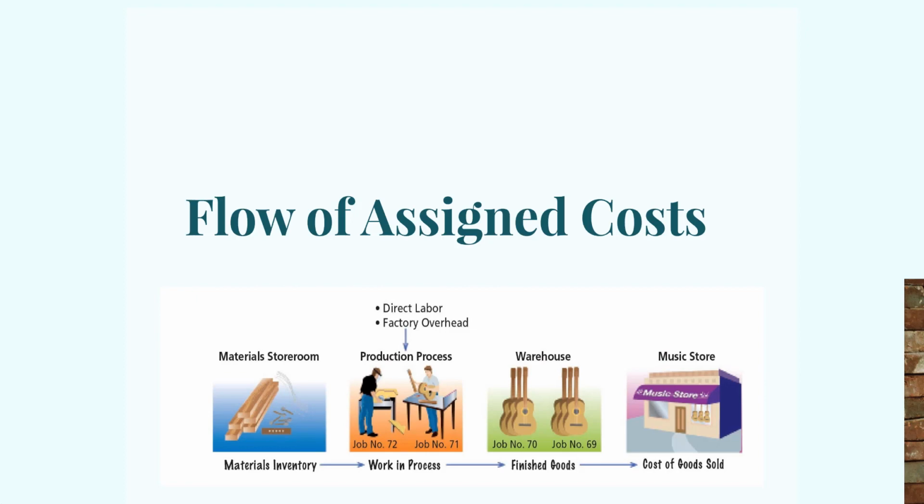The direct labor and factory overhead are also added to the job here. Once these products are finished, they would move to our finished goods inventory. These are all assets on our balance sheet. Once an item is sold, we then move it to our cost of goods sold, and it will show up in our income statement as an expense.